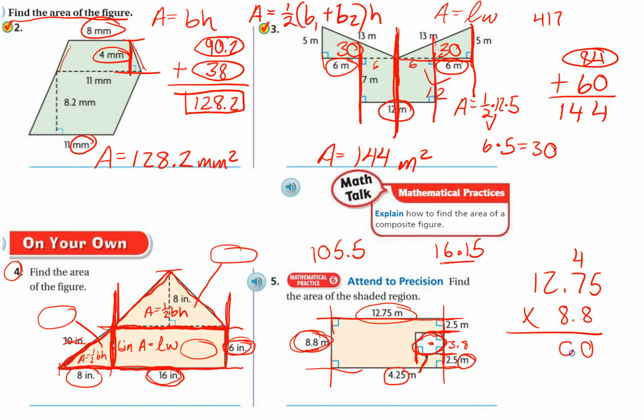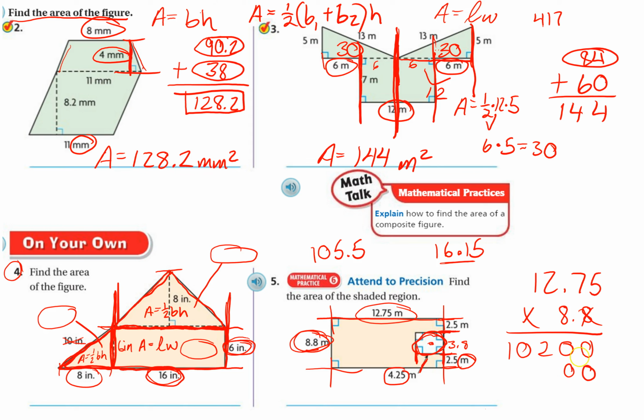Plus 4 is 60, yes. 8 times 2 is 16. Plus 6 is 22. 8 times 1 is 8. Plus 2 is 10. Kiss that 8 goodbye. 0 placeholder.